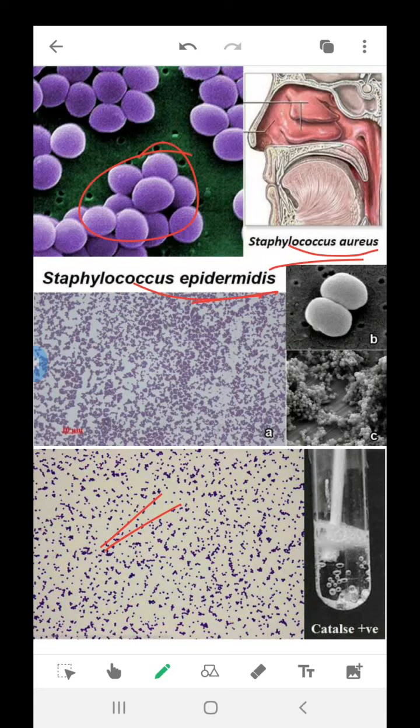Invasive infections. What are the invasive infections? Staphylococcus aureus is unlikely to cause either local or systemic disease in the absence of some trauma, albeit minor, rather than persist as a commensal on the skin or in the nose without causing damage.